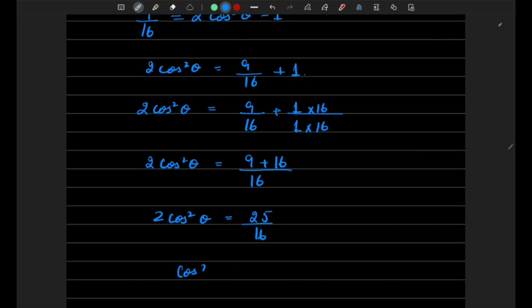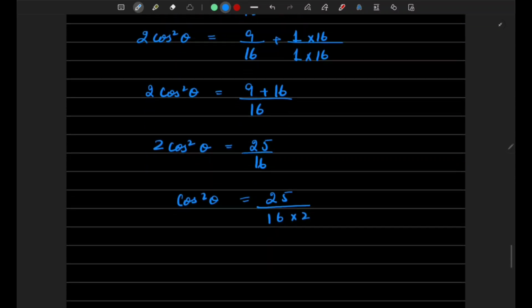Now cos squared theta is equal to 25 over 16 into 2. Cos squared theta is equal to 25 by 32.